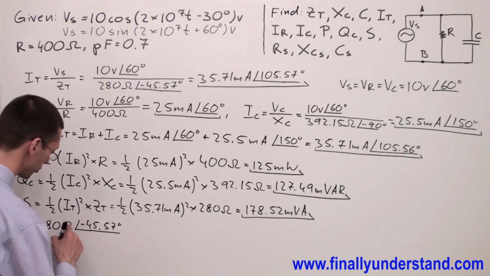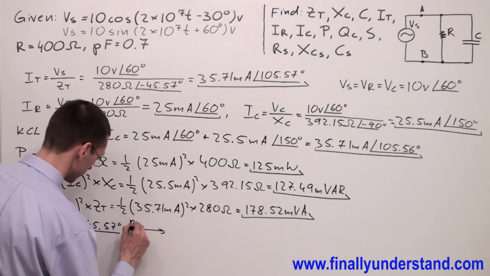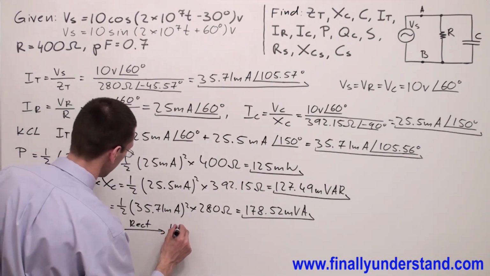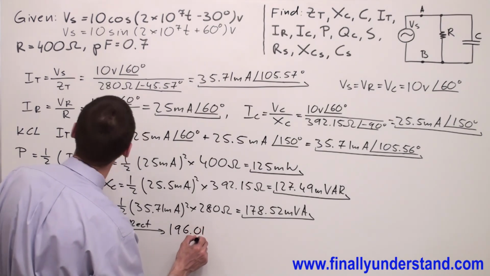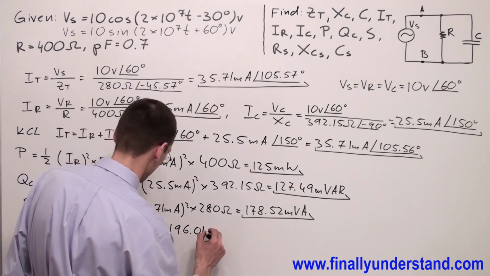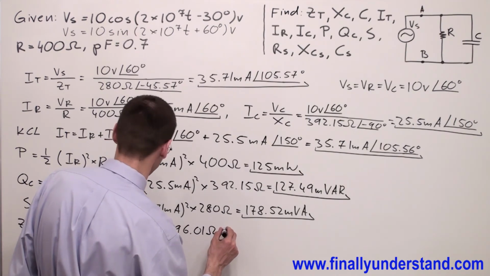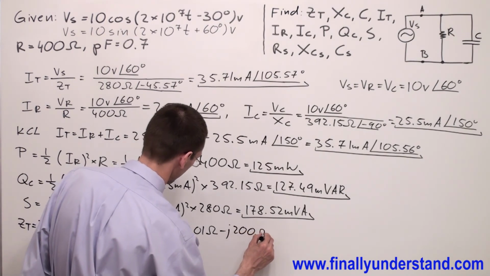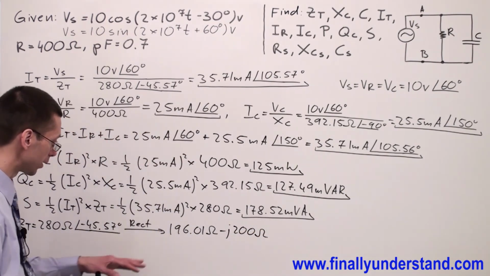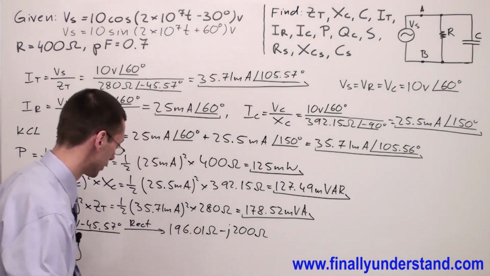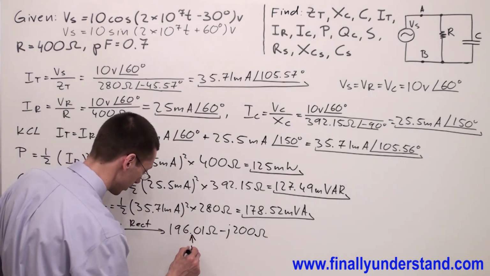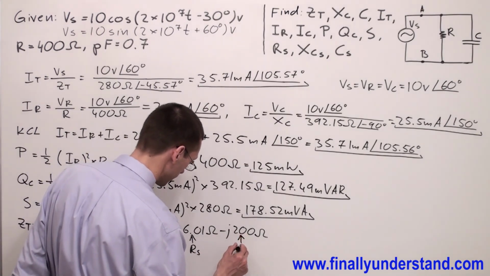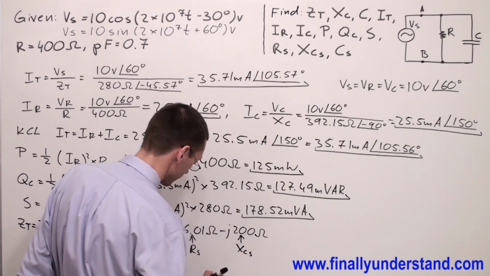Next, we're supposed to convert the polar form to rectangular form, and you're supposed to get 196.01 ohms minus j200 ohms, where the real part of my answer is the resistance RS, and the imaginary part is my XCS.